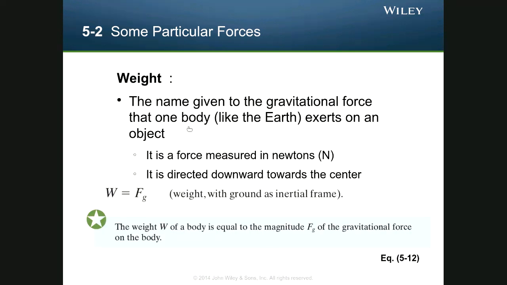So we're still on weight here. I thought we were going to go to another force. So to one body, so let's see. So weight is Fg, all right? And you will see me write it this way interchangeably as Fg or W. The weight of a body is equal to the magnitude of the gravitational force on the body.